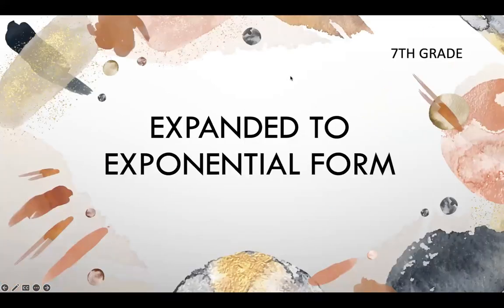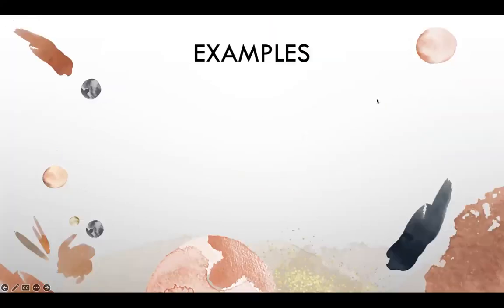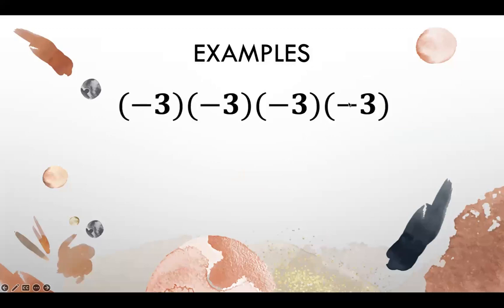Okay, let's have more examples about expanded form to exponential form. So this is an expanded form: negative 3 times negative 3 times negative 3 times negative 3. So negative 3 here is being repeated 4 times.